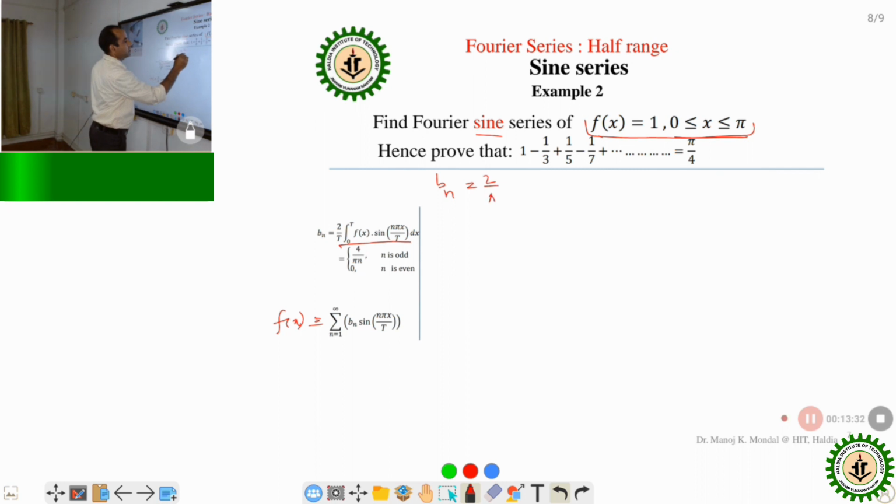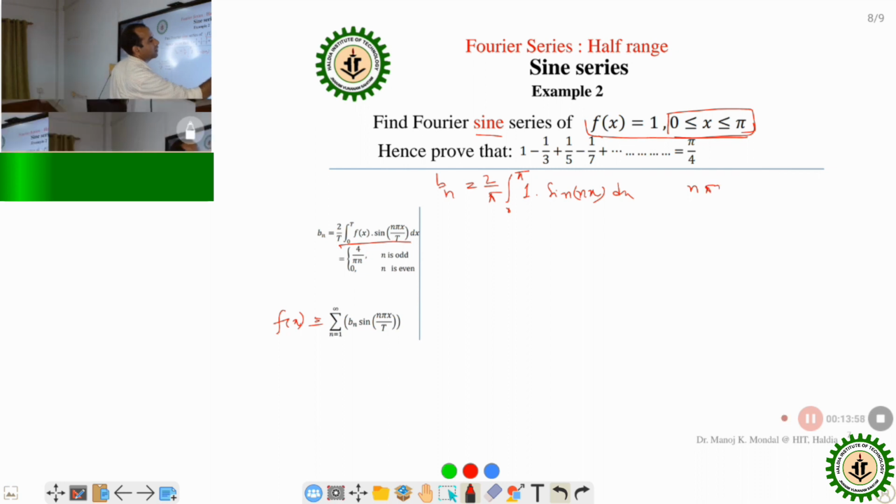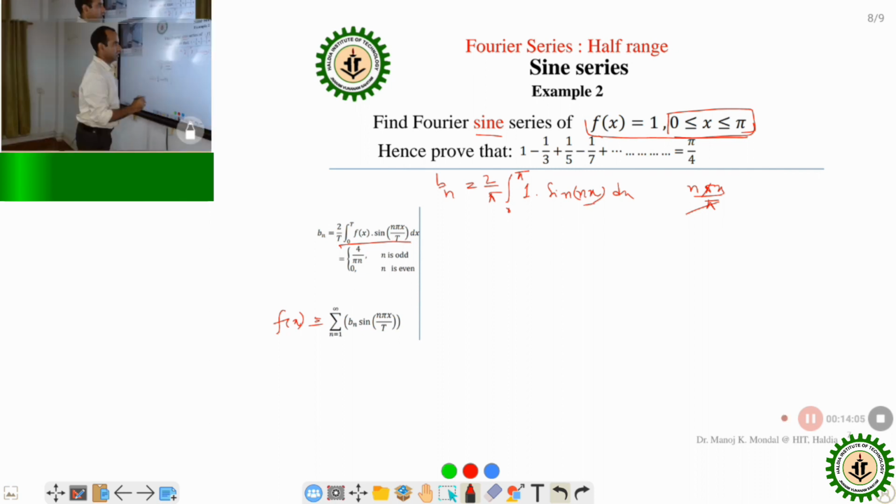bn equals 2 by pi, since the interval is 0 to pi, integration from 0 to pi of f(x), which is 1, times sin(n pi x by pi). The pi cancels, so it will be sin nx.